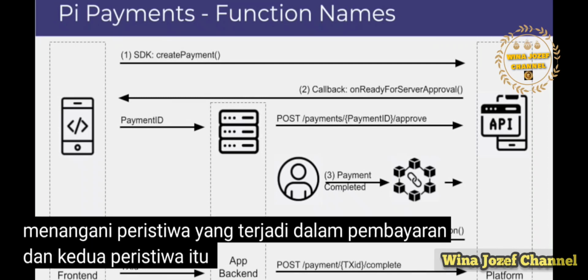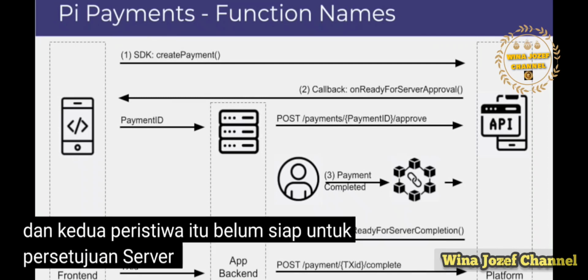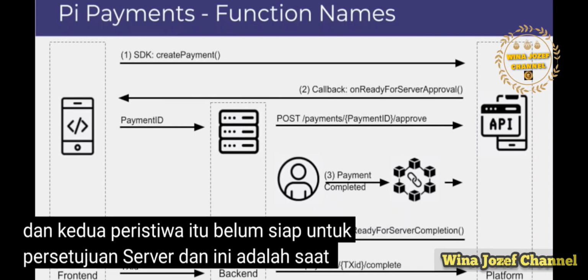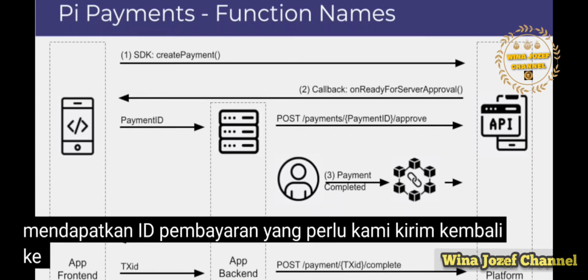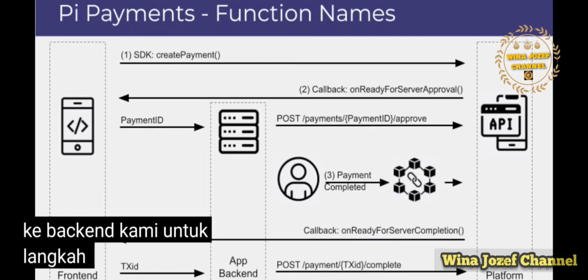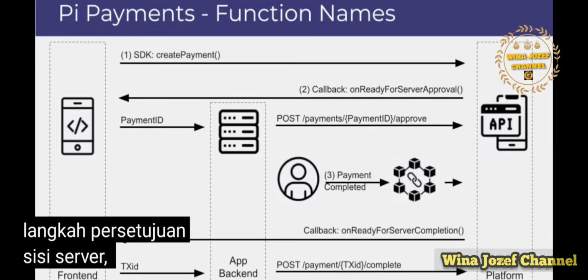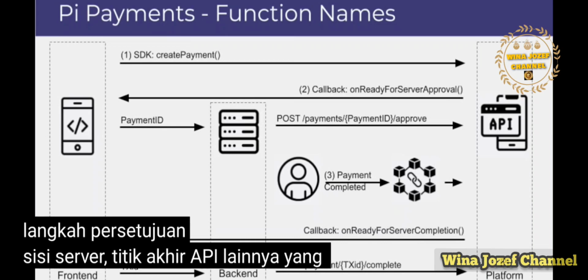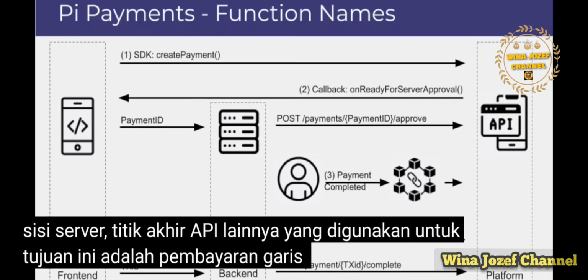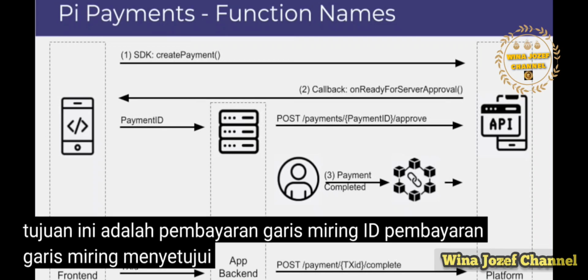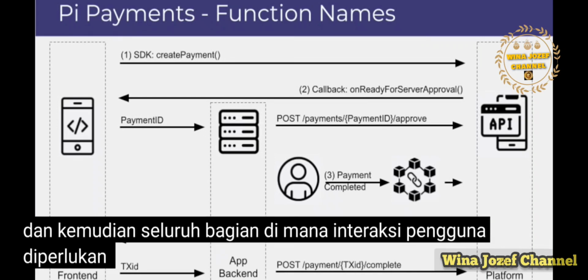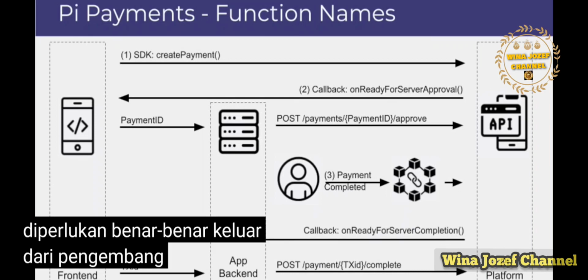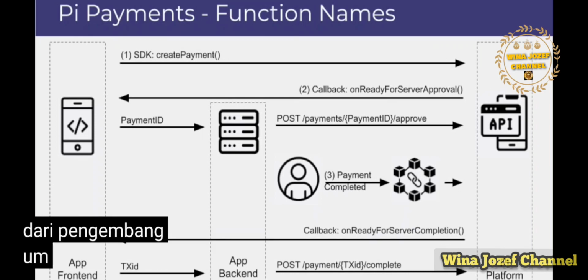And those two events are onReadyForServerApproval. This is when we get the payment ID that we need to send back to our backend for the server-side approval step. The REST API endpoint that is used for this purpose is payment/payment ID/approve. And then the whole part where the user interaction is needed is completely out of the developer's plate.